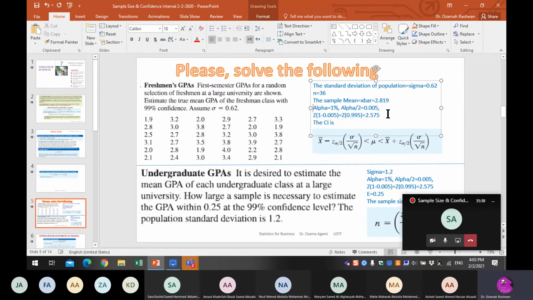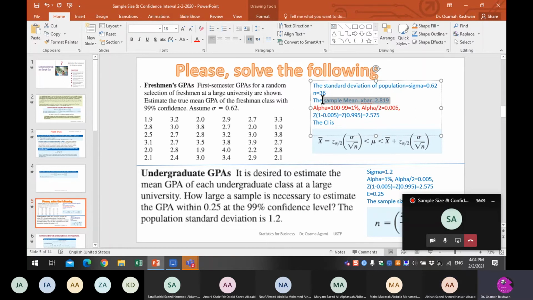You have confidence level 99%, so your alpha is 1%, right? I will write it in detail here. It is exactly 100 minus 99 equal to this, if you like. So you need alpha over 2. You have to divide 1% over 2. It gives you 5 out of 1,000, right?